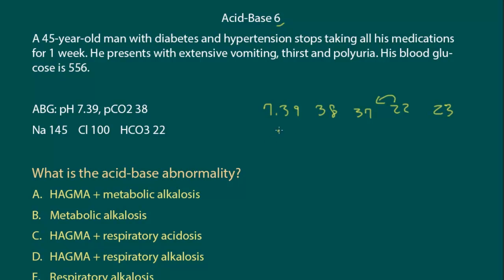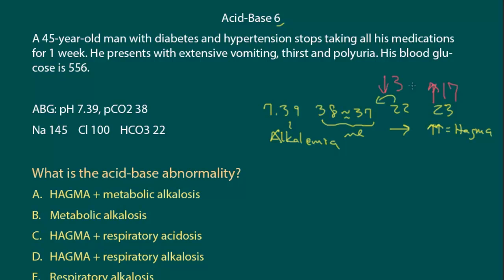Going left to right, okay, we have an alkalemia. PCO2 is the same as expected PCO2. No other problem there. Bicarb is 22, neutral. Okay. But anion gap is elevated. It's 17 above normal. We only have a 3 drop in bicarb.